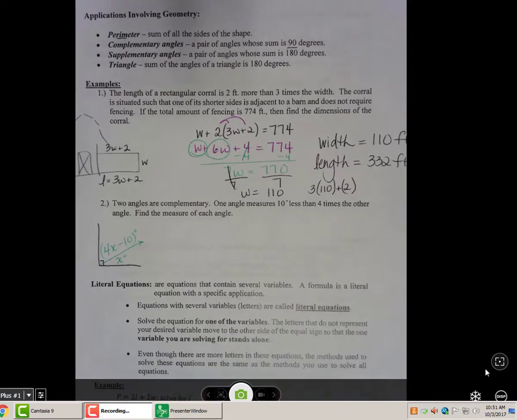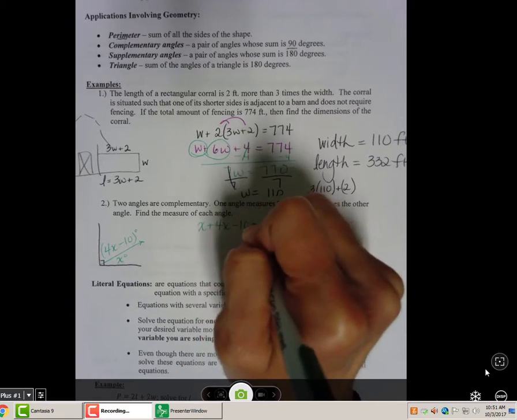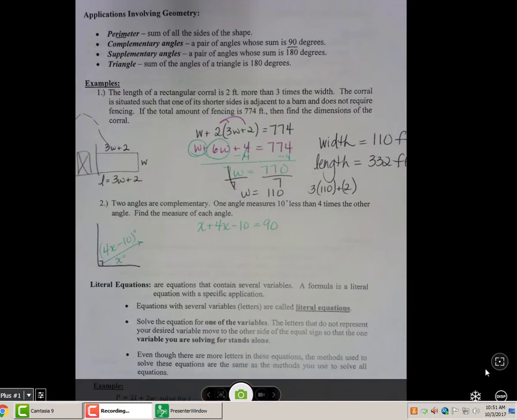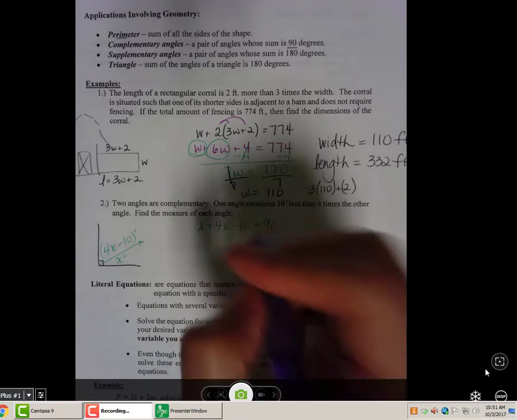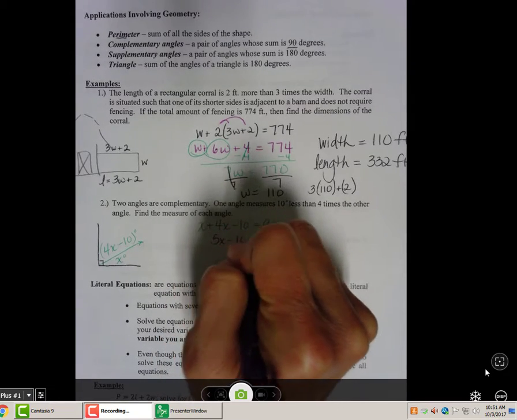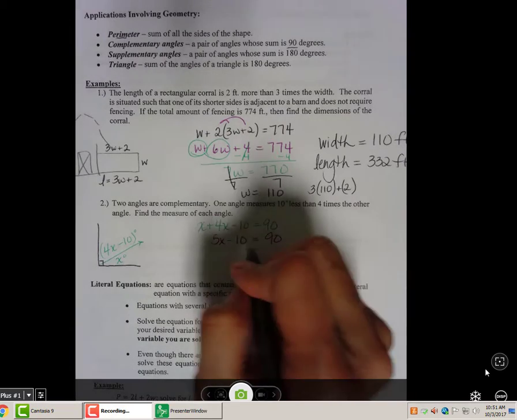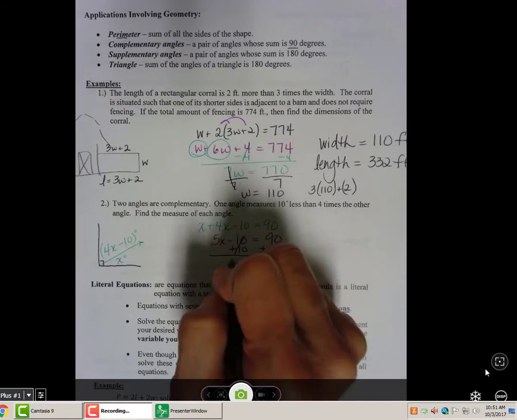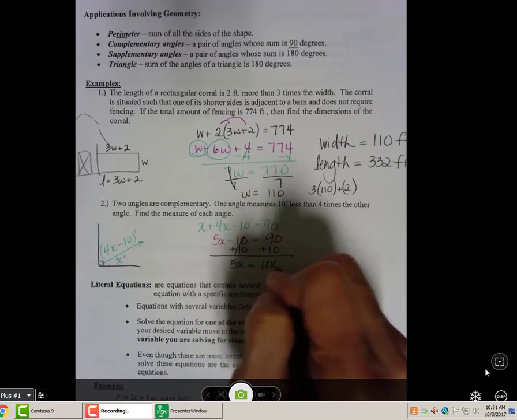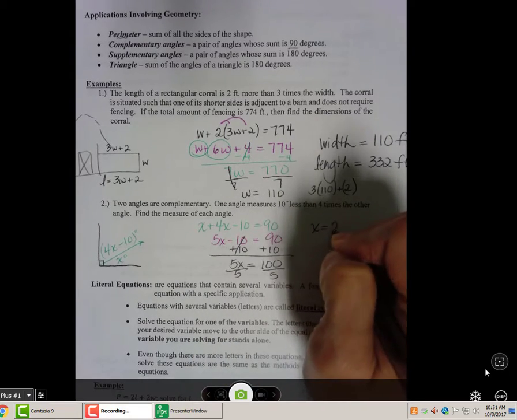Okay, and together we know that they add up to 90 degrees. Okay, so we'll go ahead and we'll combine our like terms. We have 5x minus 10 equals 90, and then we'll work through and isolate our x value. So we're going to add 10 to both sides. We have 5x equals 100, therefore x is equal to 20.